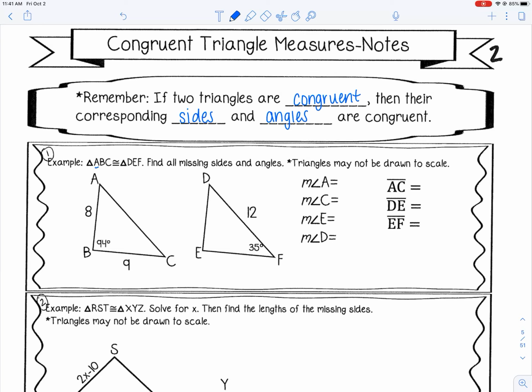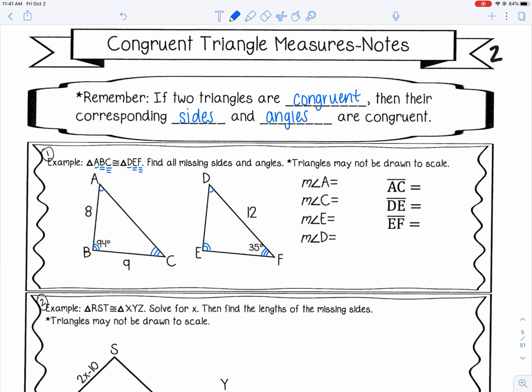So A corresponds with D. So angle A is congruent to angle D. I'll put one tick mark on both. Angle B is congruent to angle E. So two tick marks on angle B and angle E. And then angle C goes with angle F. So 3 tick marks on C and F.